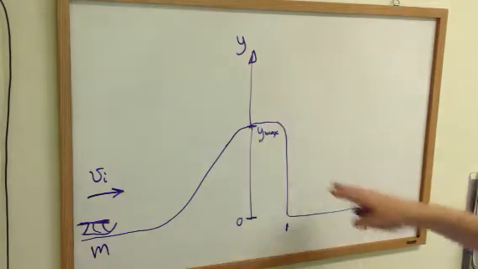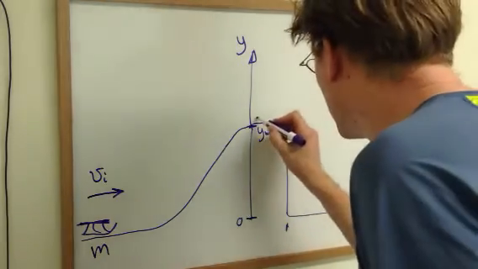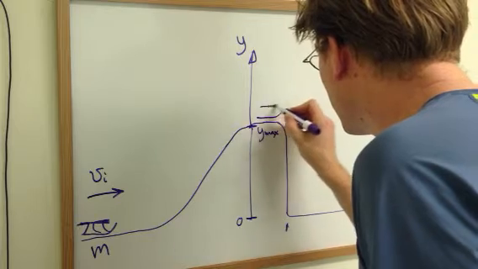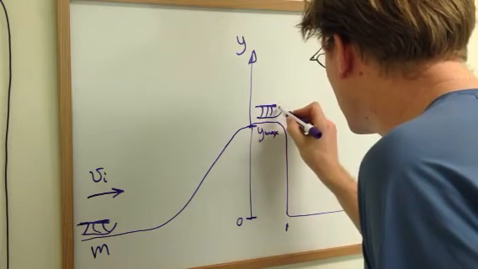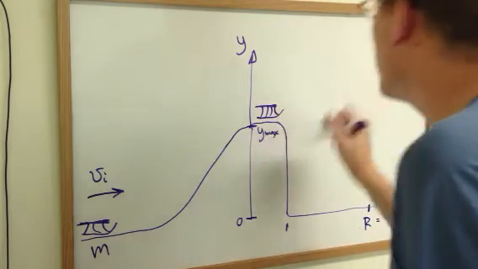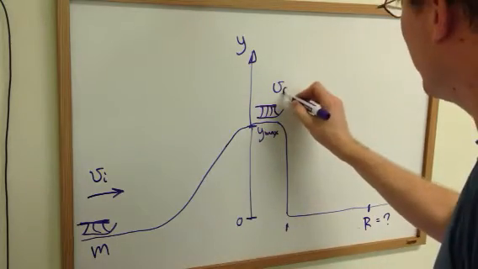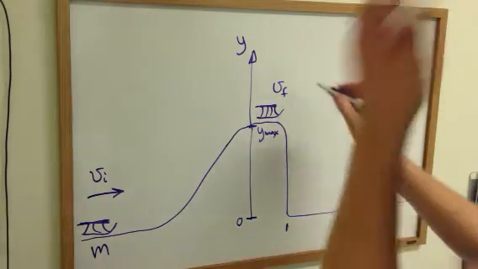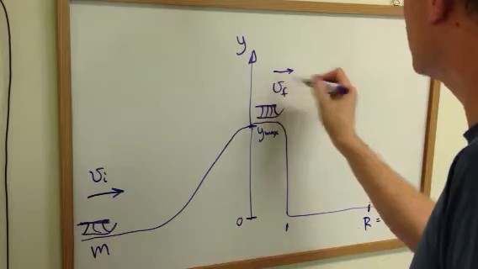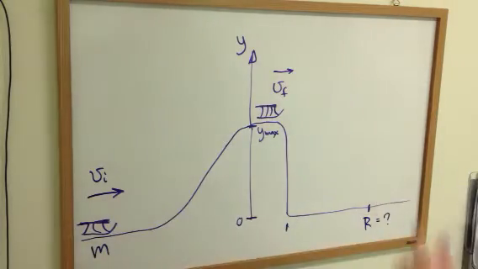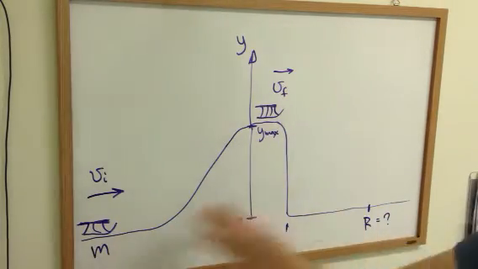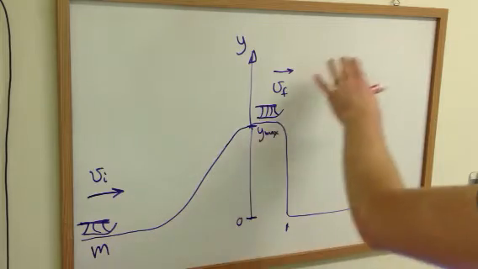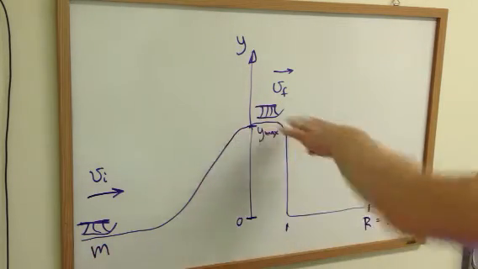And then on our sled, it's going to have a final velocity here. This final horizontal velocity is going to be less than its initial velocity. We know we're going to lose speed because we're going to lose kinetic energy, because we're going to gain a whole bunch of potential energy.